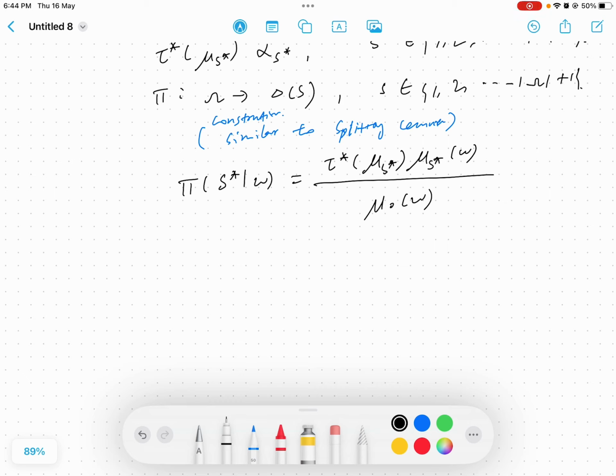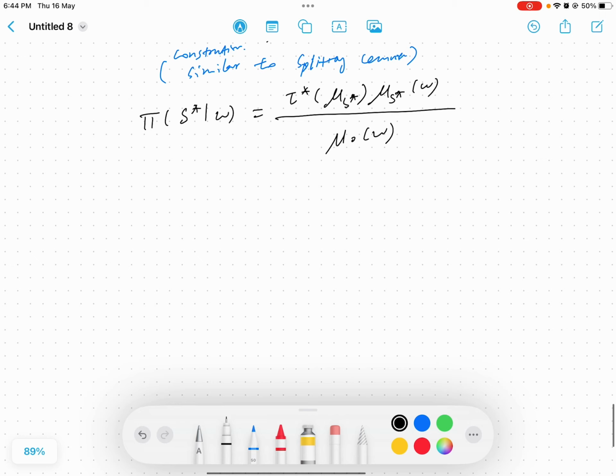Then using some simple algebra, we can verify that this is a valid signal. How do we do that? This is also similar to the splitting lemma's proof.